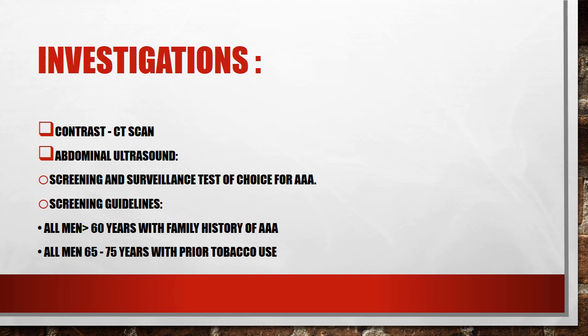Another investigation is abdominal ultrasound, which is usually used for screening and surveillance of patients who are asymptomatic. Screening guidance is that all men above 60 years of age with family history of abdominal aortic aneurysm require screening, and all men 65 to 75 years with prior tobacco use should undergo screening and surveillance with abdominal ultrasound.